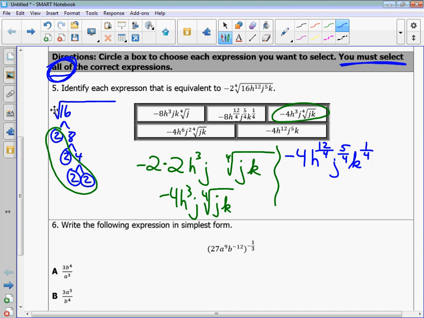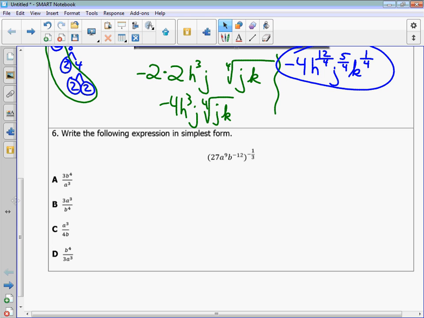So we have negative 4 h to the 12/4 times j to the 5/4 times k to the 1/4. And that matches up with, it was supposed to match up with one of them. It doesn't. So that would be an answer choice. It should be an answer choice. Moving on. Write the following expression in simplest form.